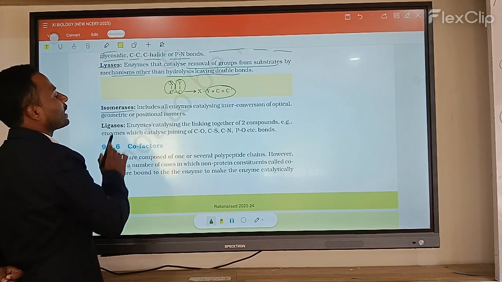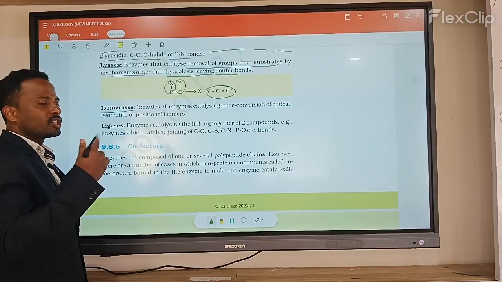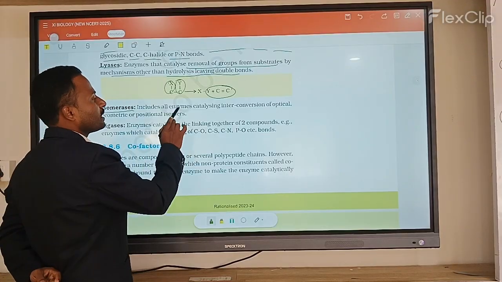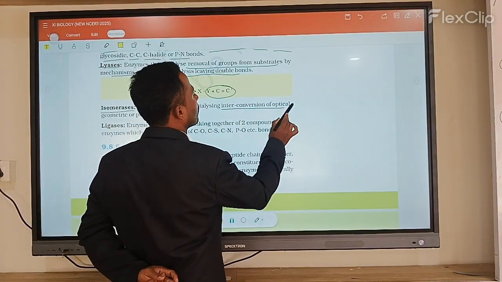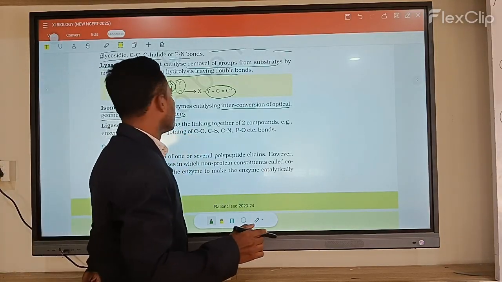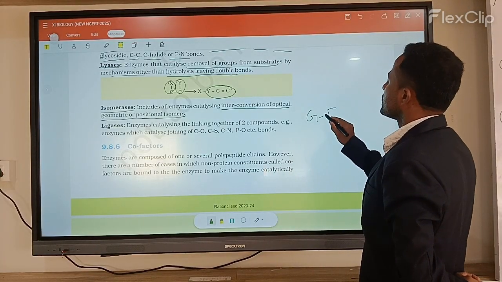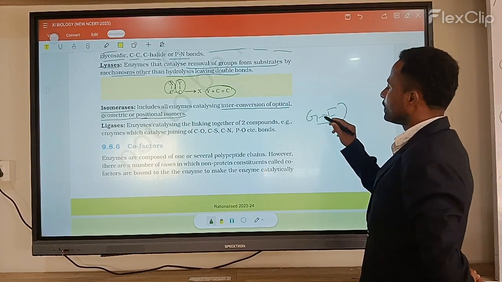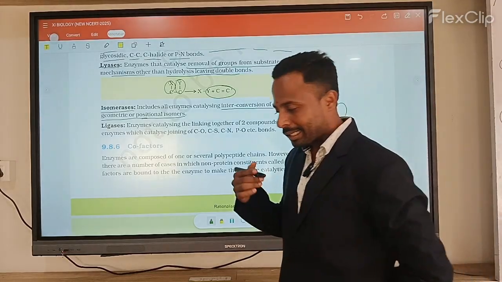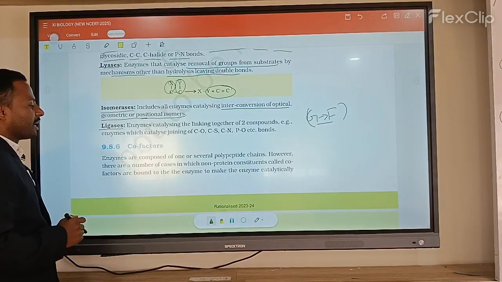Next, isomerase enzyme. Isomerase enzymes help change structures. They include enzymes that catalyze interconversion of optical, geometric and positional isomers. Like glucose is converted to fructose, because the structure is different though the formula is the same. The last one is ligase enzyme.